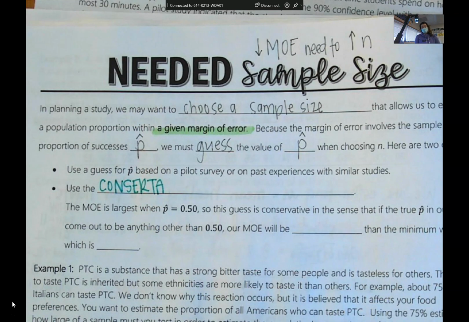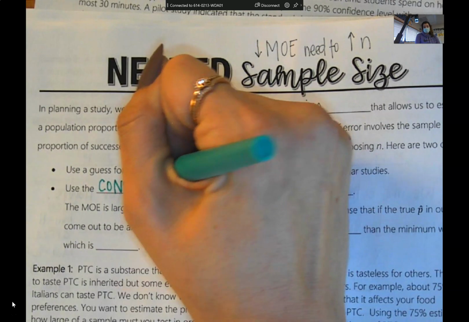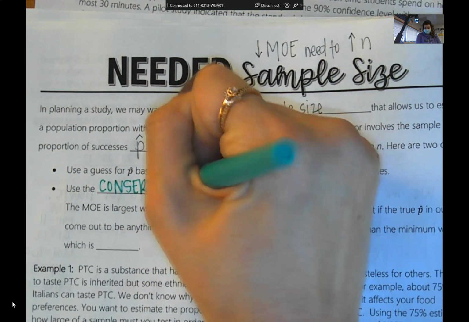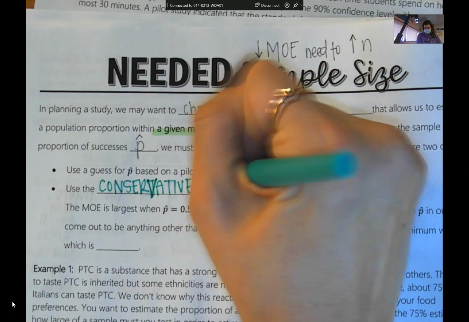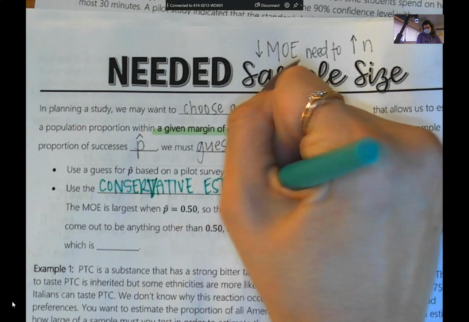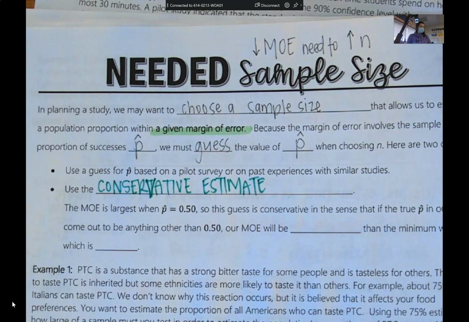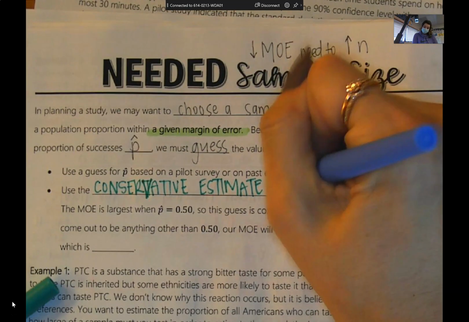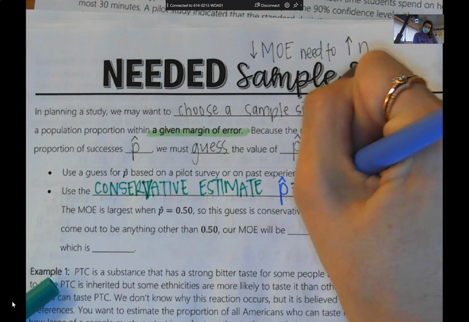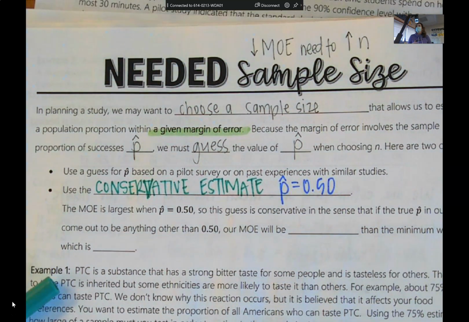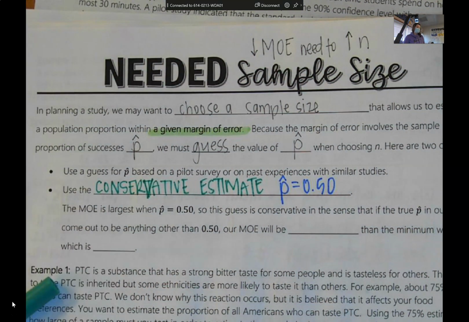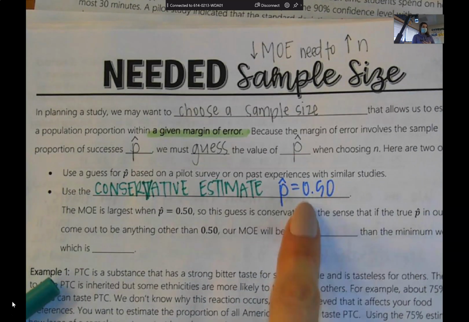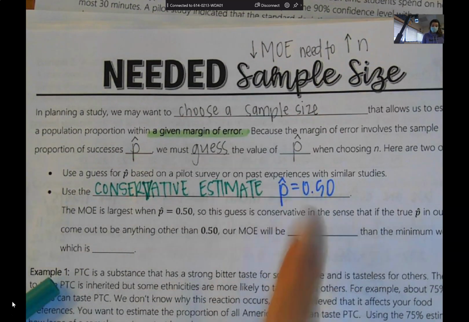Oh, that's not how you spell conservative. That's a V. And the conservative estimate is a p hat of 50%. So either we are given a guess or an estimate for p hat to use, or we use p hat of 50%.